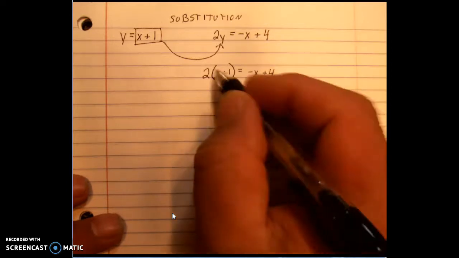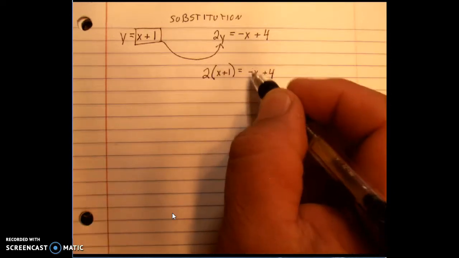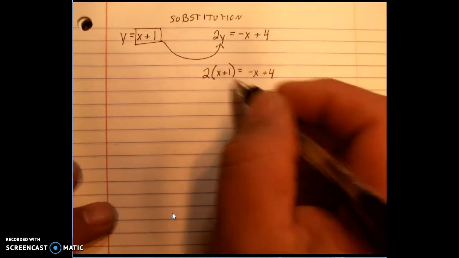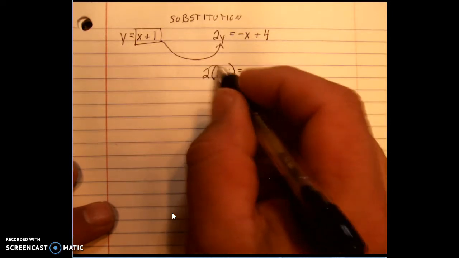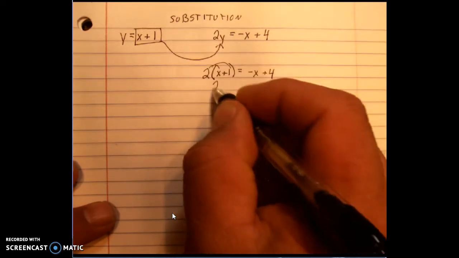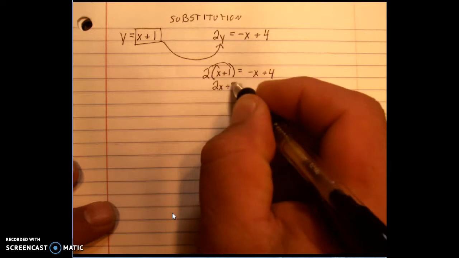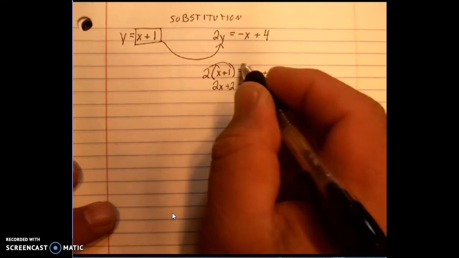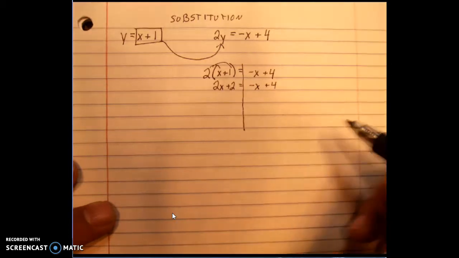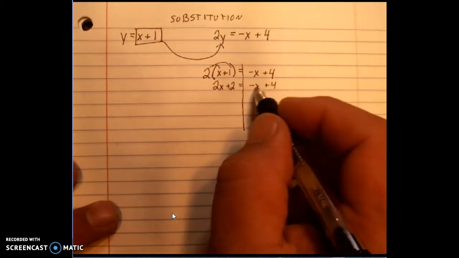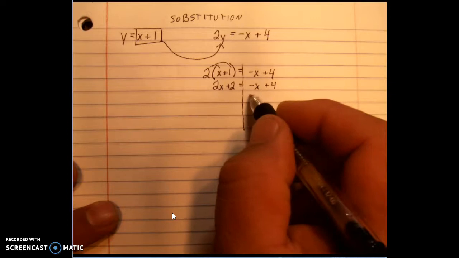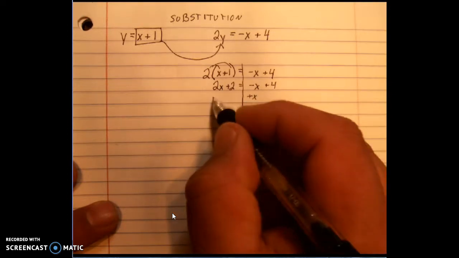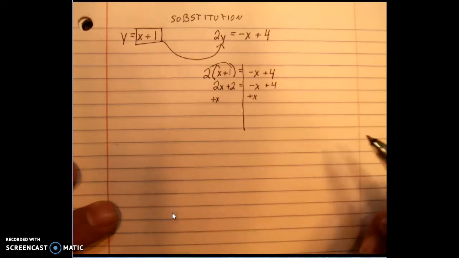Now, I only have an x. I can use my algebraic properties and solve. So I'm going to distribute the 2. 2x plus 2 equals negative x plus 4. I'm going to get my x's on the same side of the equal sign, and I think I'll move this one over here. So I'm going to add x to both sides.